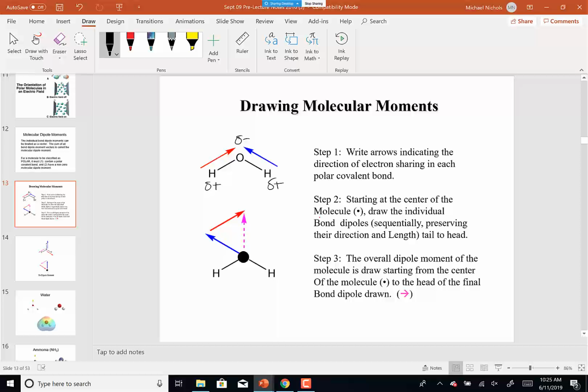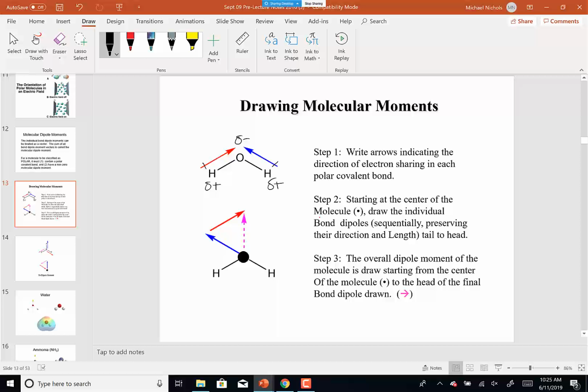Sometimes when I write my arrows, I'll put a little plus here to indicate where the positive sign is. We're going to do a lot of arrows for the remaining number of weeks. The head of the arrow is always where the negative is moving. So the head is the delta minus end, and the tail is the delta plus end.